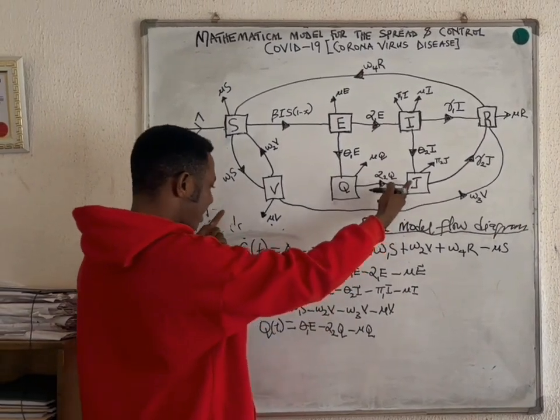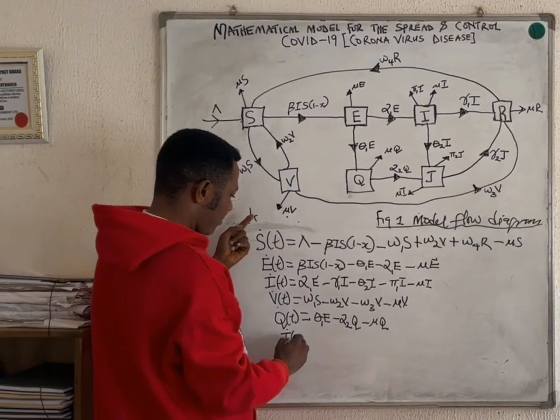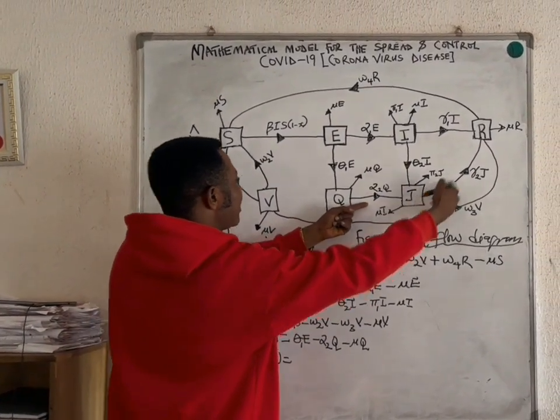Now, we have the isolated class. We use J of T. Now look at it, this is entering, and this is leaving.